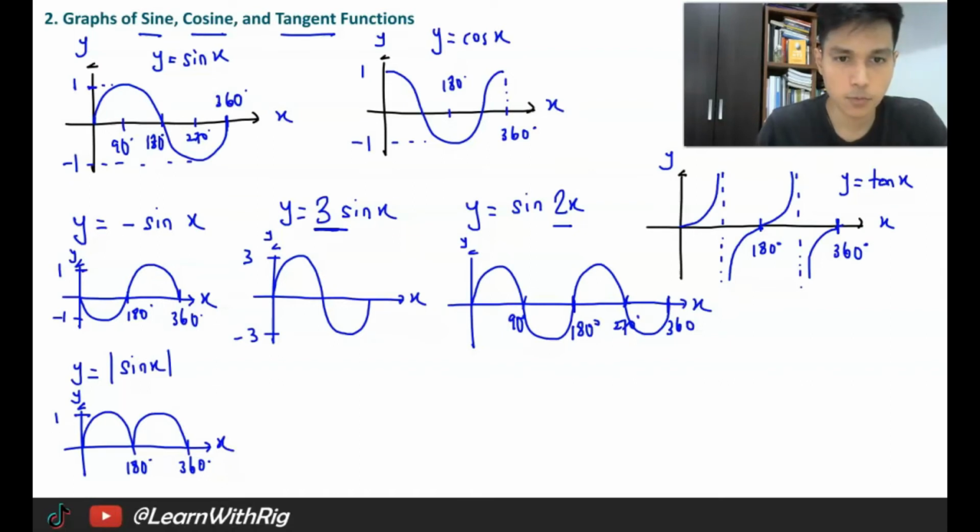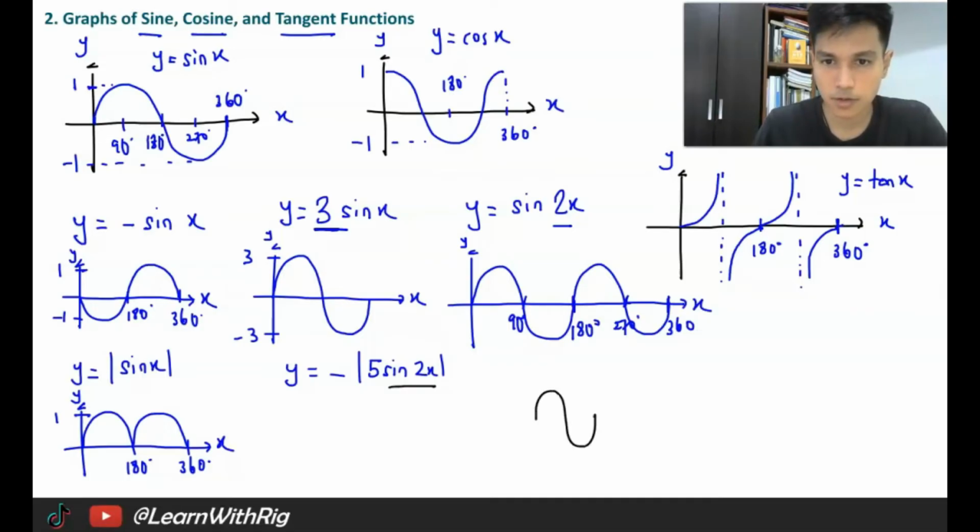And what else? What if they ask y equals negative modulus 5 sine 2x? Now I combine everything. Let us do it step by step. Originally sine x is like this, correct? Now they want sine 2x, so you have 2 cycles.